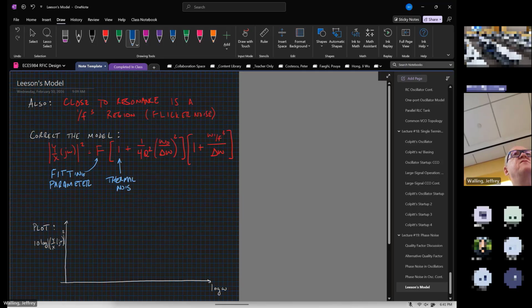So we have a constant value, so at some point we're going to hit that constant value and the noise is going to stay constant. And then this is the 1 over f cubed portion. And this term, omega 1 over f cubed, is called the flicker noise corner. And this is dependent upon both the topology and the device that we use as well.